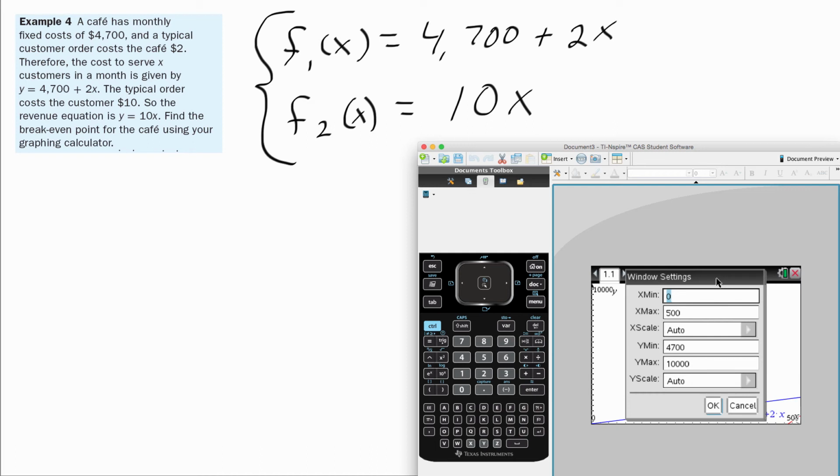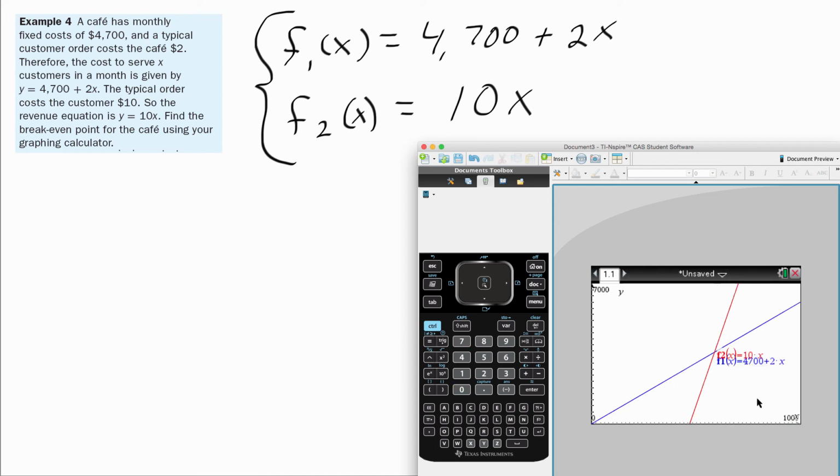So my window settings, I think I'll keep my x minimum where it is. I'll make the x max 1,000. I'm going to bring my y max down a little bit, 7,000. Click OK.